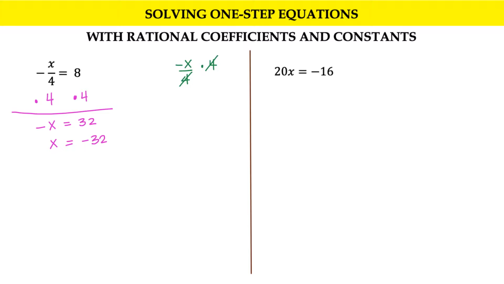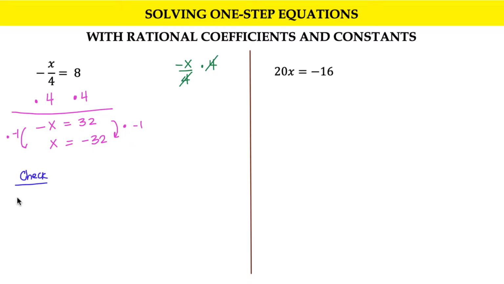One way we can think about this is if I multiply both sides by negative 1, negative 1 times negative x, negative times negative is positive, so that's positive x, and 32 times negative 1 will give you negative 32. Now let's do a check.